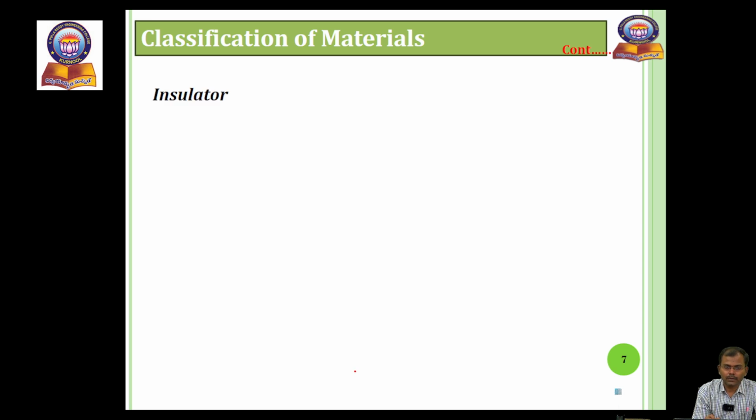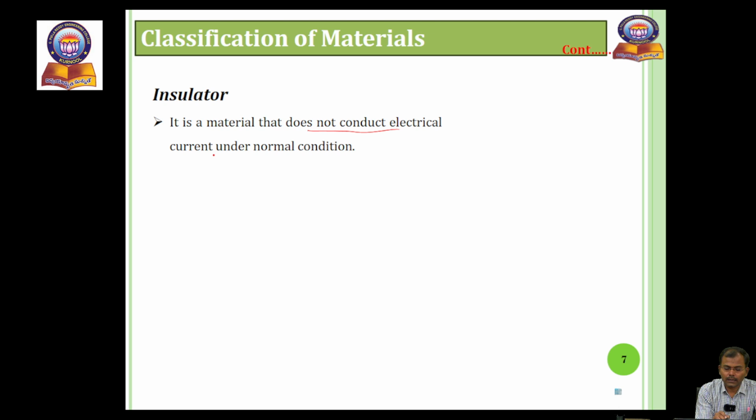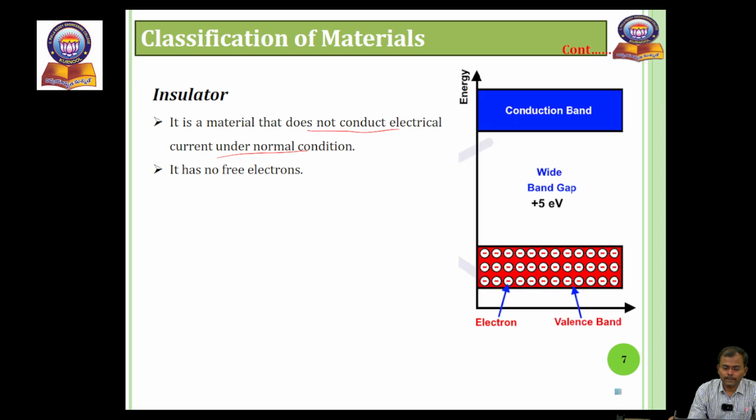Then the second type of material is the insulator. It is a material that does not conduct electrical current under normal conditions. It has no free electrons, and this is the energy band diagram. The conduction band and the valency band are separated by a large band gap, approximately equal to 5 electron volts.